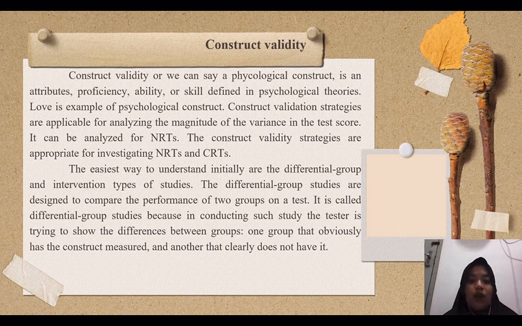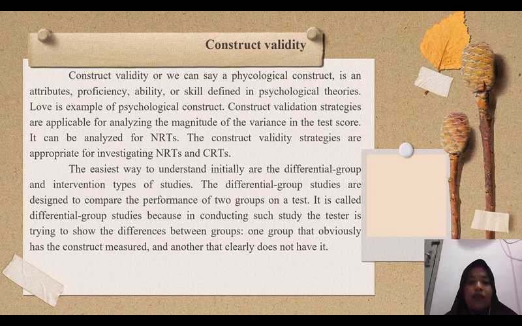The easiest way to understand it initially is that there are two ways to understand construct validity. The first is the differential group and intervention types of studies. The differential group studies are designed to compare.